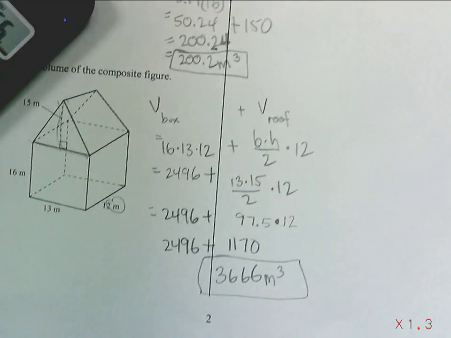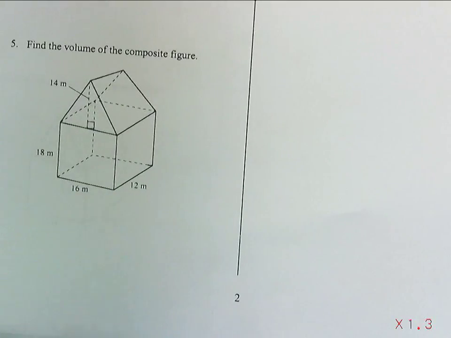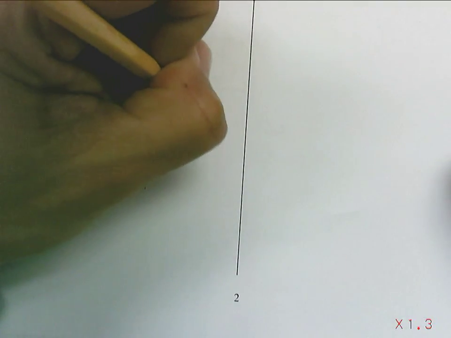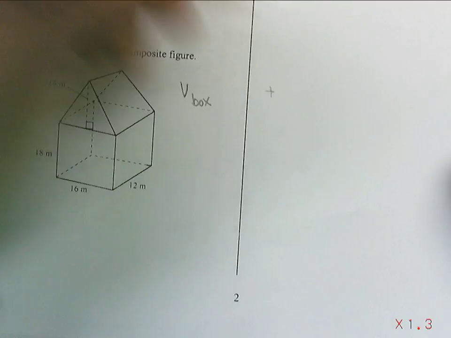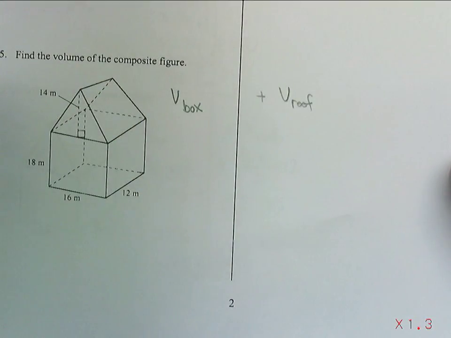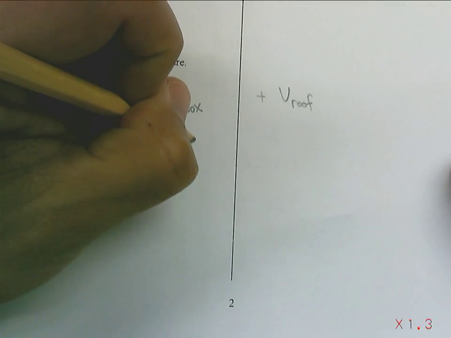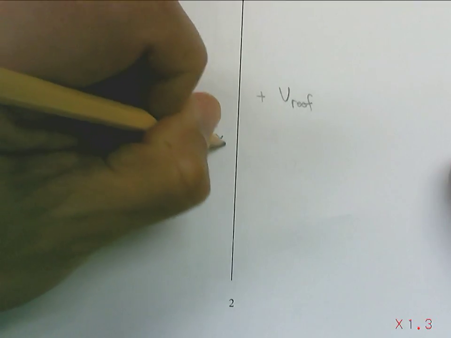Okay, there you go. So, having known that, I want you to try this. Okay, so volume of the box plus volume of the roof. Volume of the box, that's going to be 18 times 16 times 12.